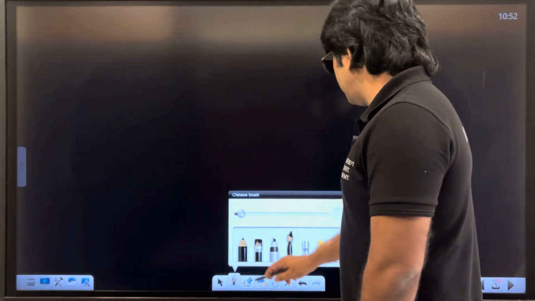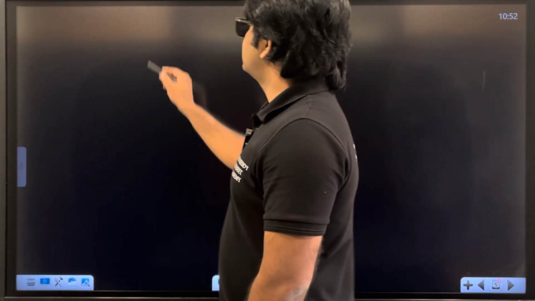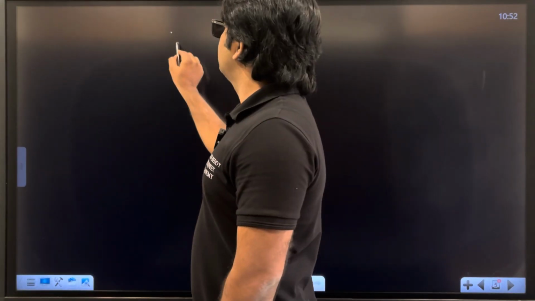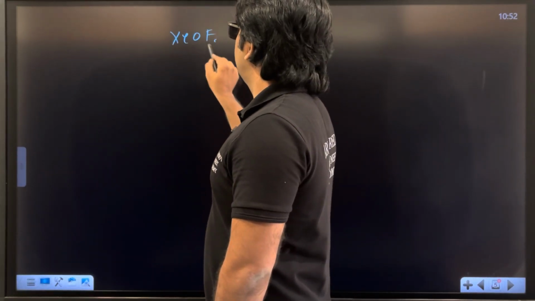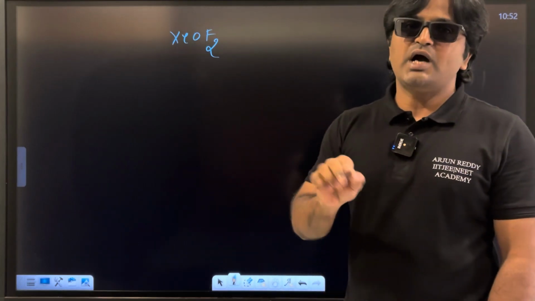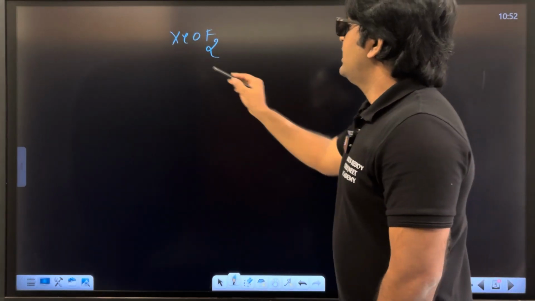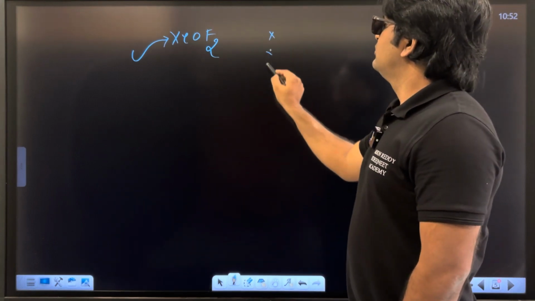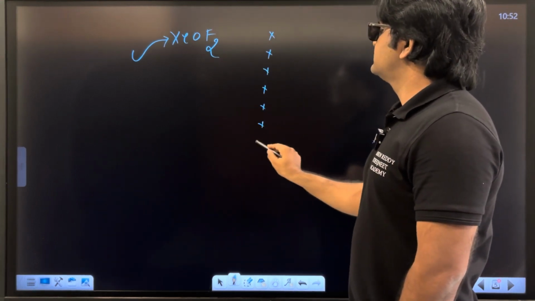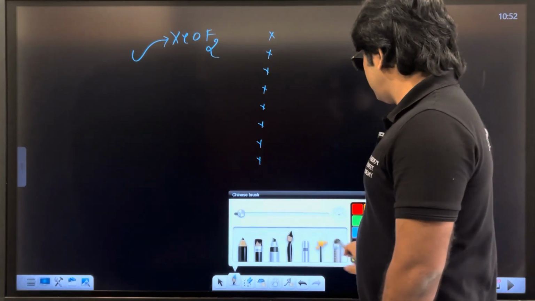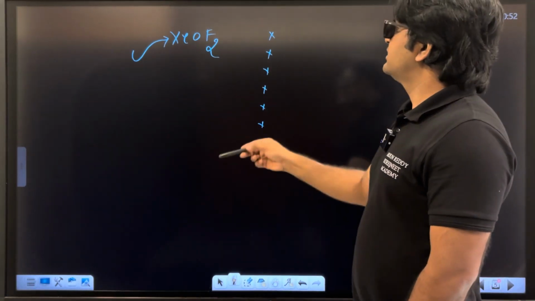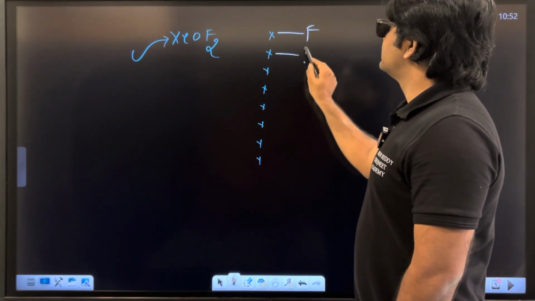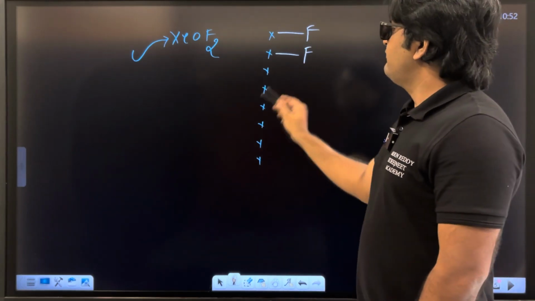One more neutral molecule, using bivalent atoms: XeOF2, a combination of monovalent and bivalent atoms. Again, who is the central atom? Xenon is the central atom, with 8 electrons. How many monovalent atoms are there? 2 monovalent atoms, and one bivalent atom is present.